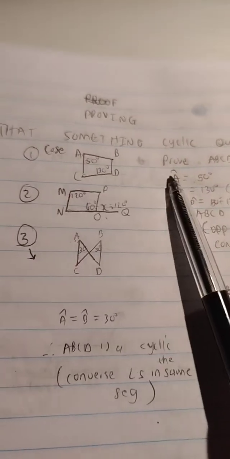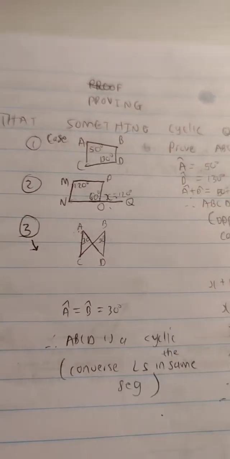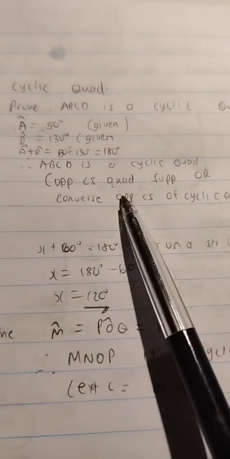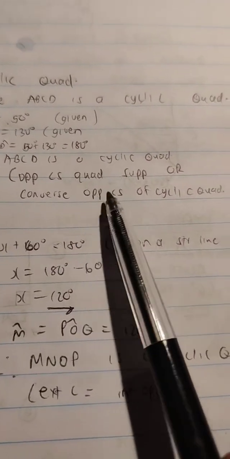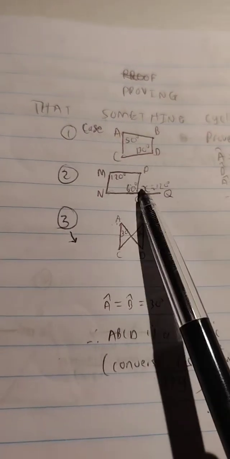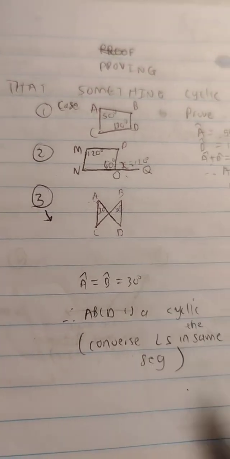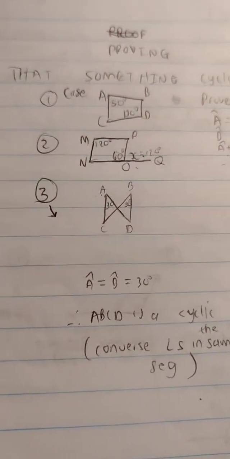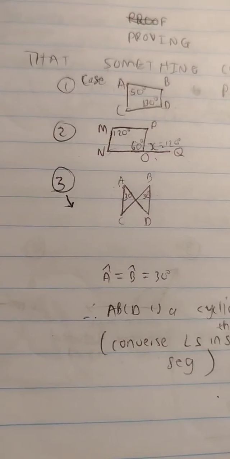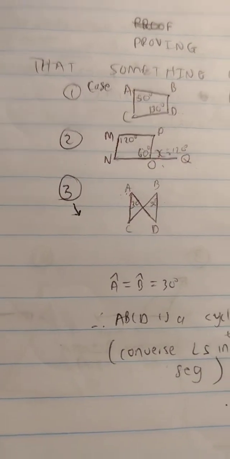This one, easily, we prove ABCD is a cyclic quad, reason converse, opposite angles of cyclic quad. We prove that this thing is a cyclic quad because the exterior angle is equal to the interior opposite angle, so we just say converse exterior angle of cyclic quad.